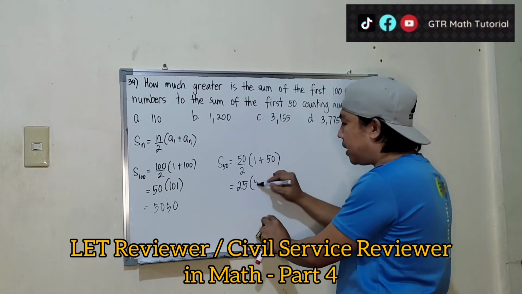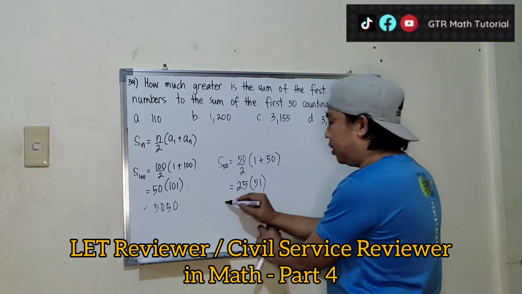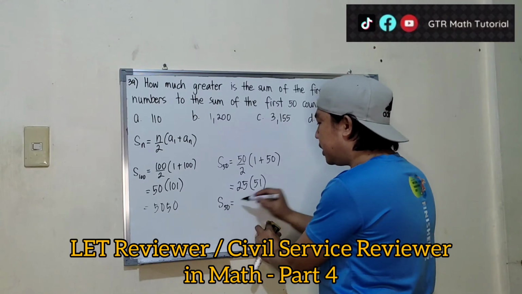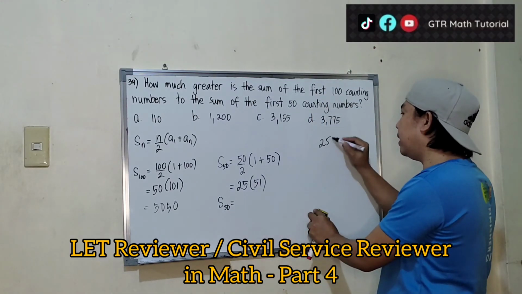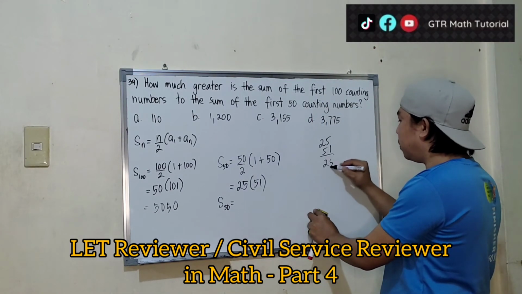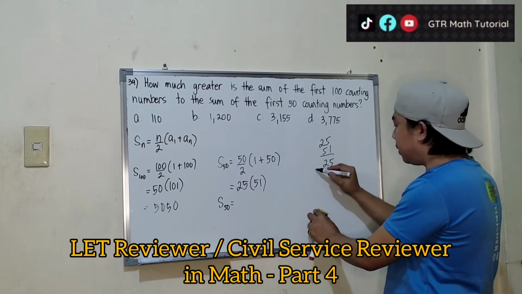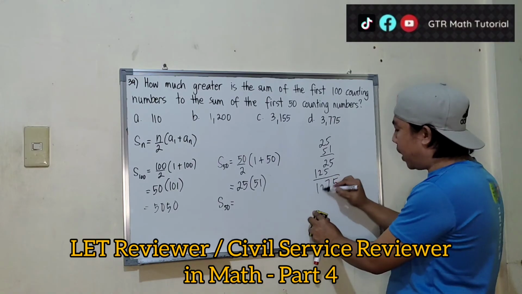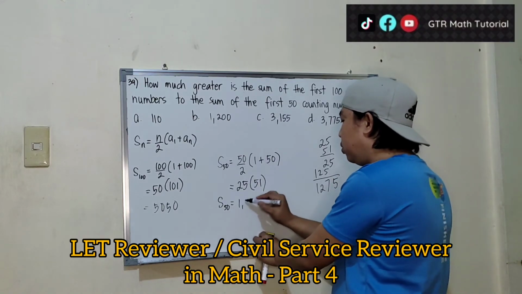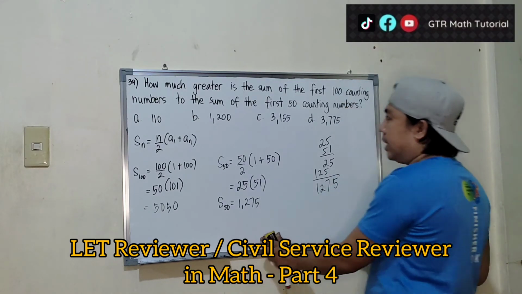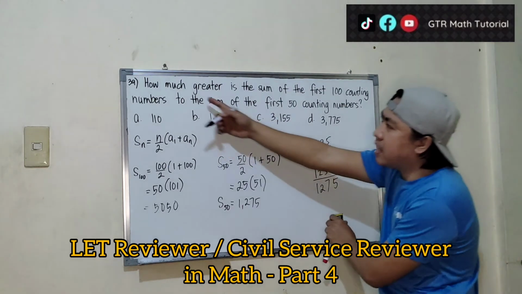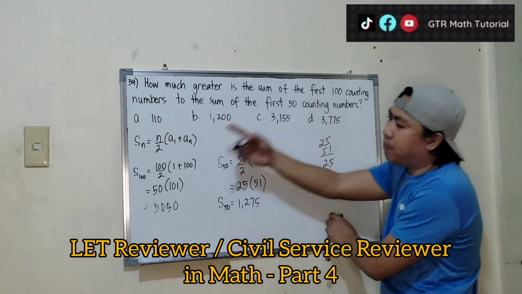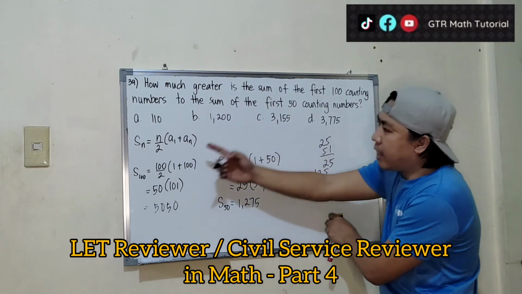Then 1 plus 50, that is 51. Therefore, S sub 50 is equal to 25 times 51. So multiply lang natin, so we have 1,275.